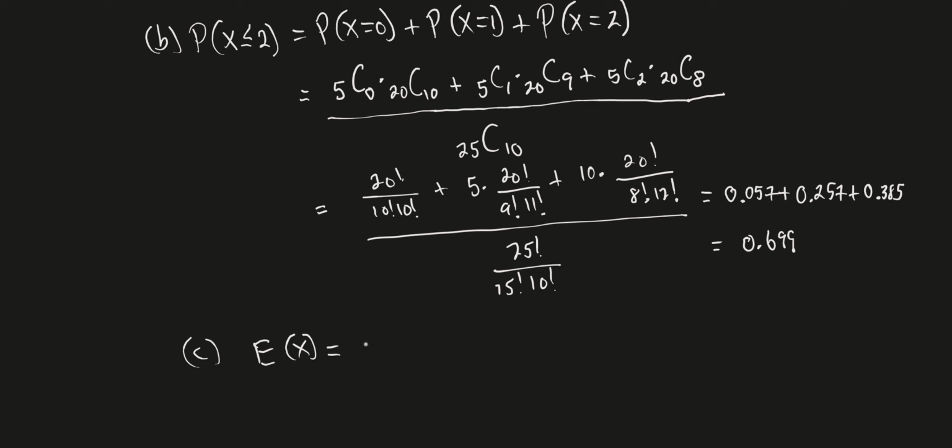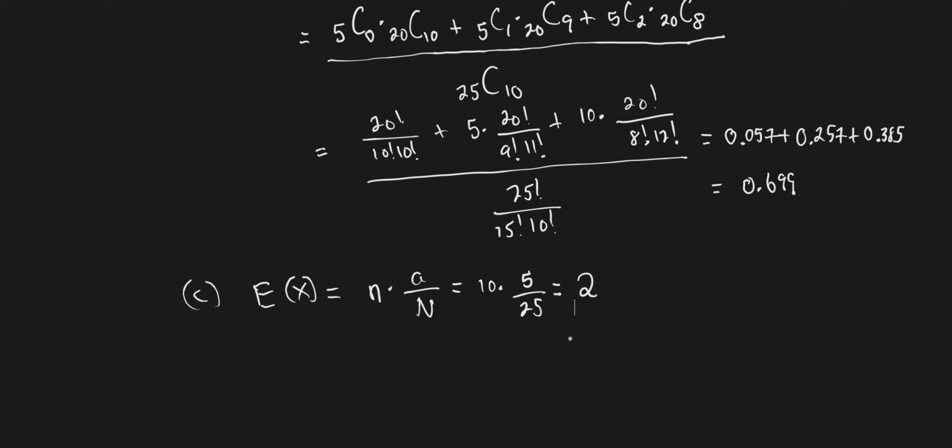Well, the formula is the sample size times the number of successes over big N. So that's 10 times 5 over 25, and that's 2. So that's how many we would expect to get in a sample like this.